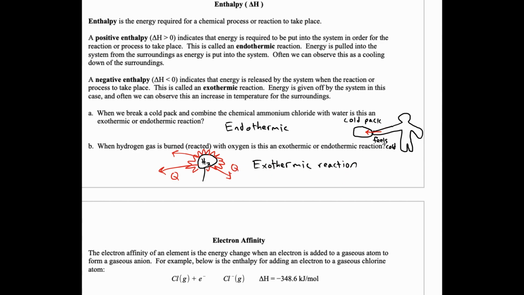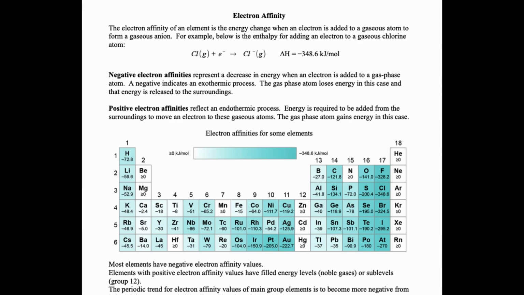All right, so the electron affinity of an element is the energy change that takes place when an electron is added to an atom in the gas state to form a negative ion in the gas state. There's an example below for chlorine gas being ionized by the addition of an electron.